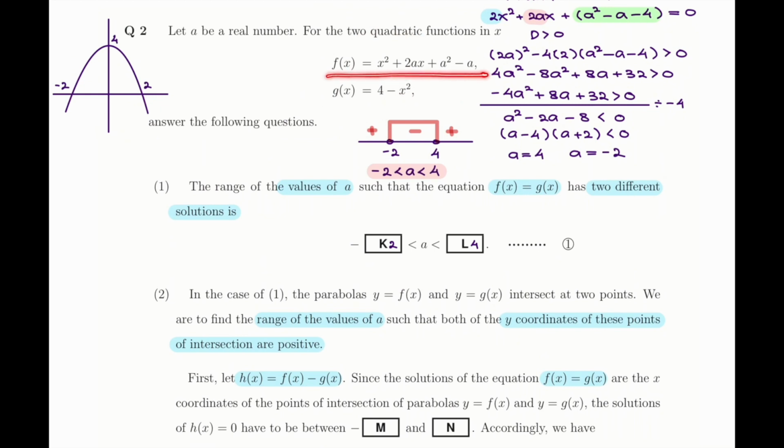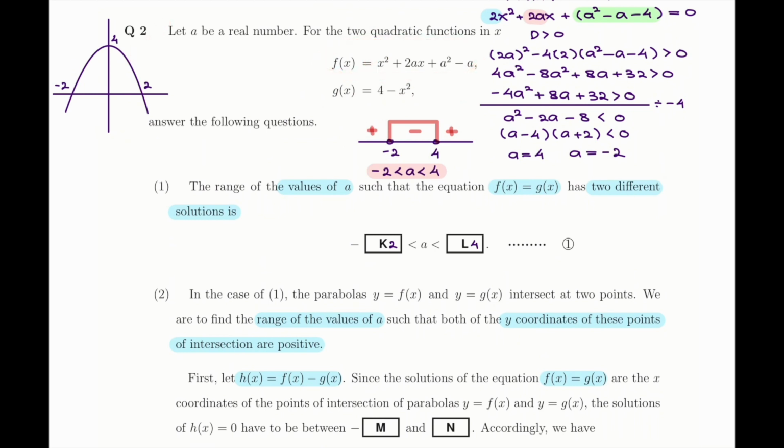f of x is a parabola that is open upward, since the coefficient of x squared is positive. This parabola must intersect this parabola at 2 different points.